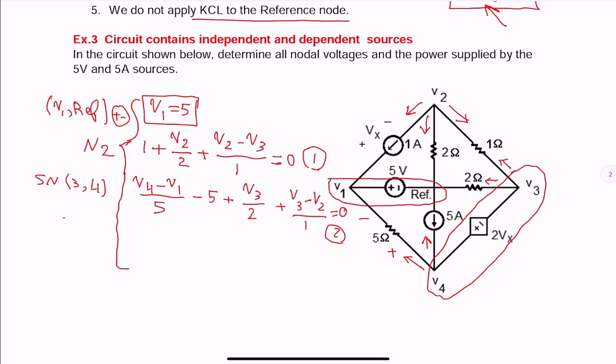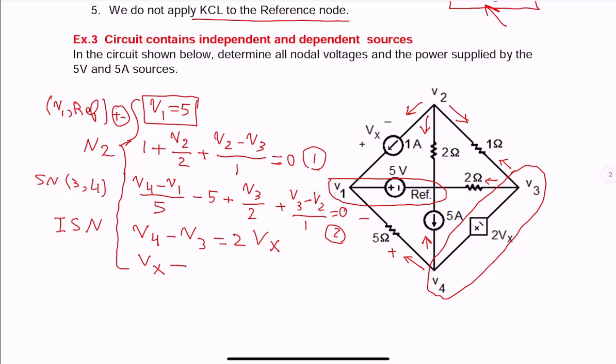Immediately after applying Kirchhoff's current law to the supernode, we look inside the supernode. Inside the supernode, we have a voltage source, positive on V4, negative connected to V3, so V4 minus V3, and it's given to be 2 Vx volts. At this point, we look at Vx, see where it is defined.